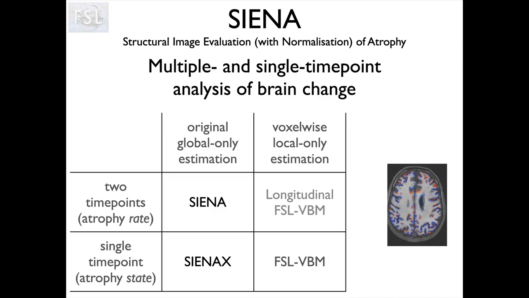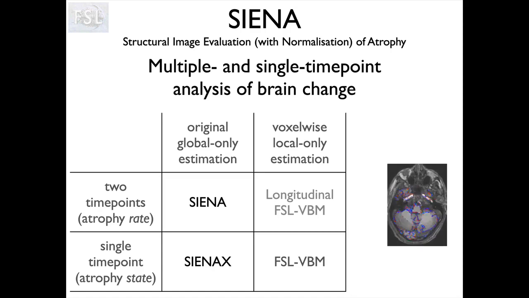SIENA just gives you a global estimate. So it gives you a measurement of the amount of grey matter across the whole brain. And then you can see how that changes longitudinally, which is the normal SIENA program, or cross-sectionally, which is SIENAX.